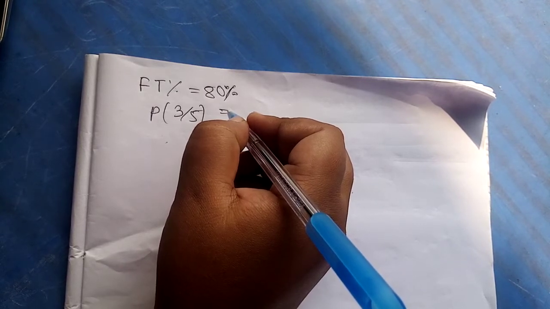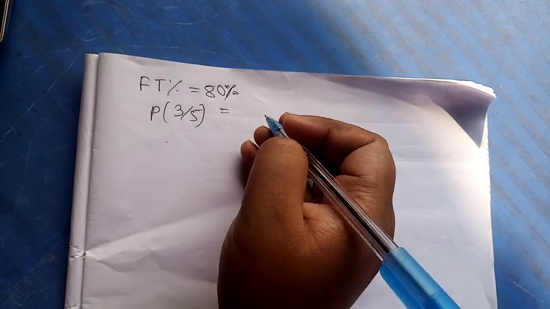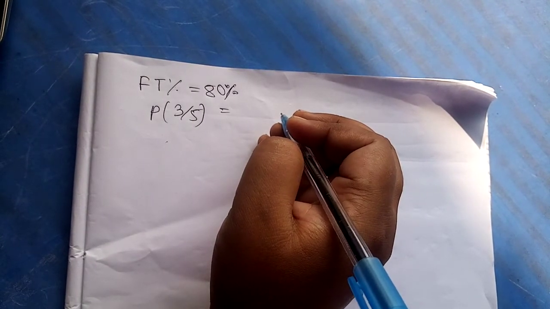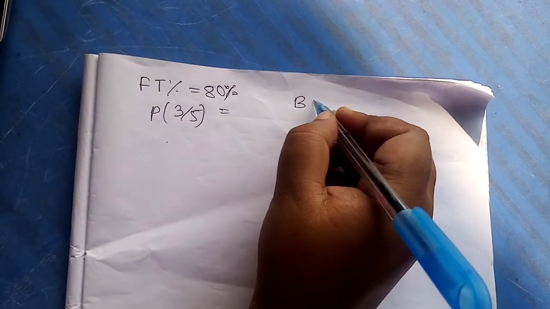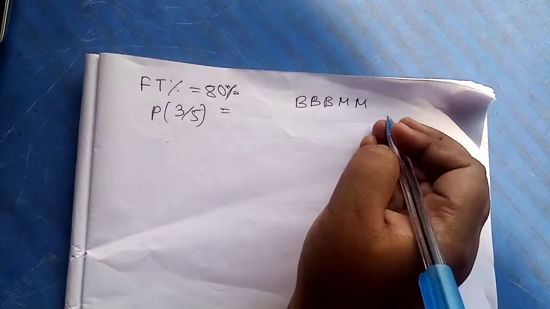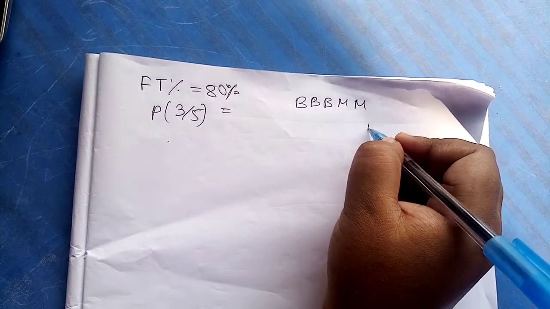Let's say it's a basket, basket, basket, and then I miss. So that would be, I made 3 out of the 5. It could be basket, miss, basket, miss, basket. And there's a bunch of them, and we'll actually try to figure out how many of them there are. But what is the probability of this particular combination?